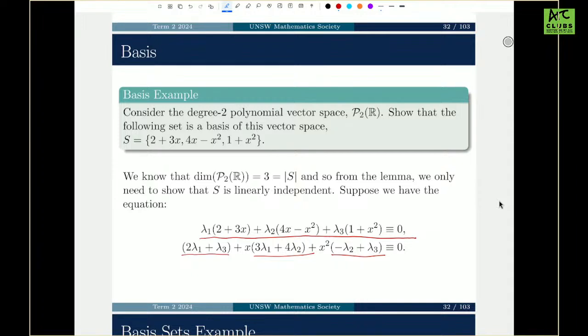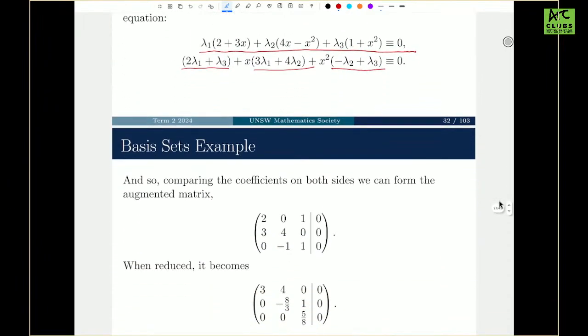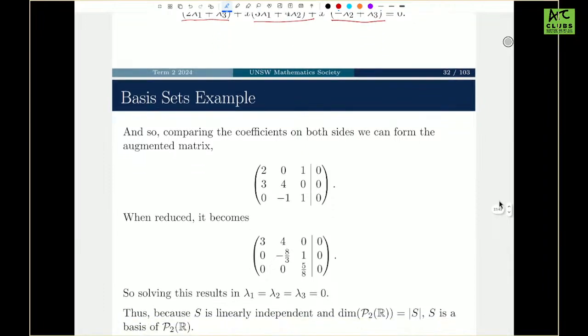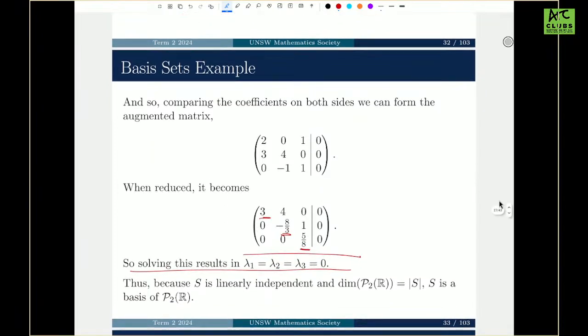We have 3 linear equations and 3 variables. We can form an augmented matrix and solve it. So we reduce it into this. It's got 3 leading columns, so the only solution is that lambda 1, lambda 2, and lambda 3 are 0.